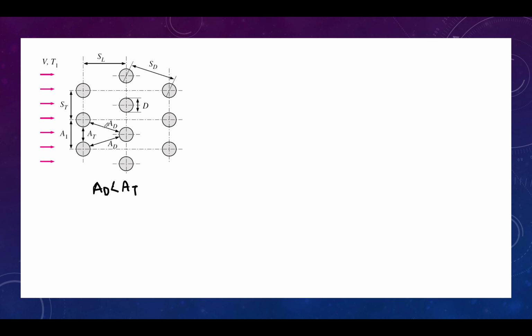V maximum will occur at AD. So we will derive the equation from A1 to AD. So mass flow rate at 1 is equal to mass flow rate at D.